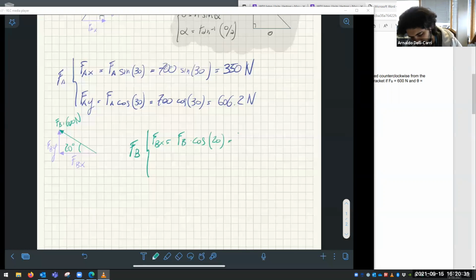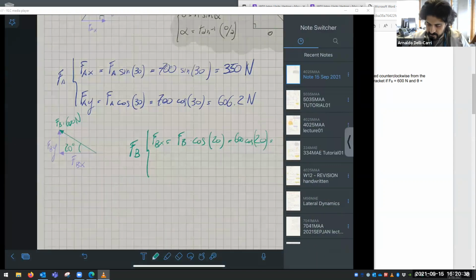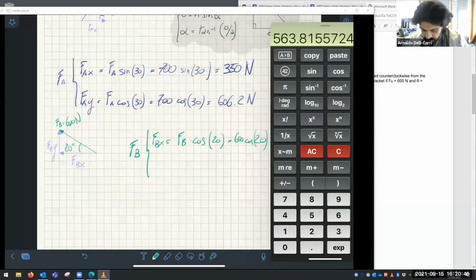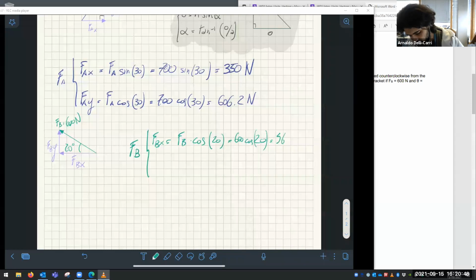And this gives 600 cosine of 20, which is equal to 600 times 20 cosine, 563.8 newtons.